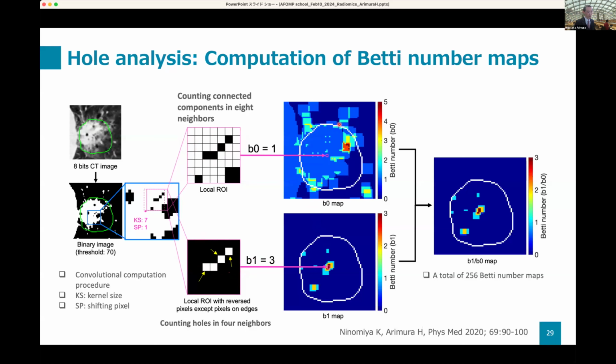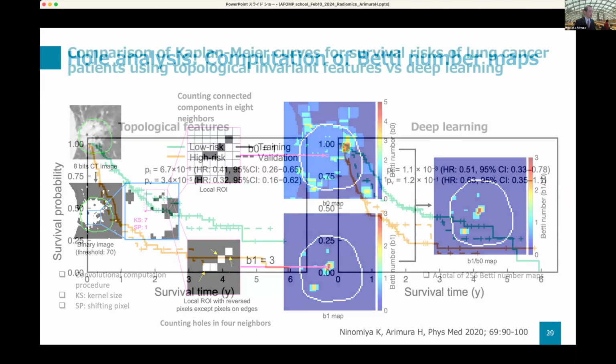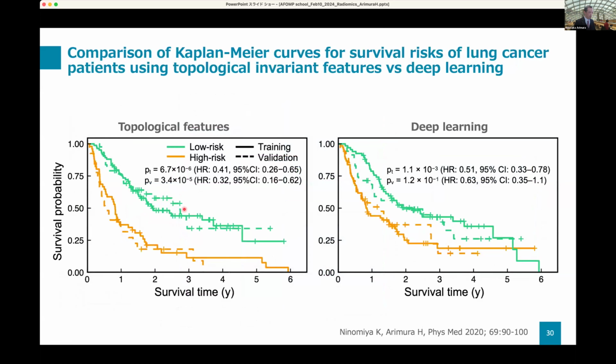Then we have a B0 map and a B1 map. Additionally, we calculated the B1 over B0 map. Here is very strong evidence to classify the patient by using topological image features.